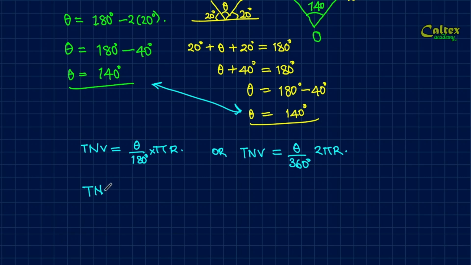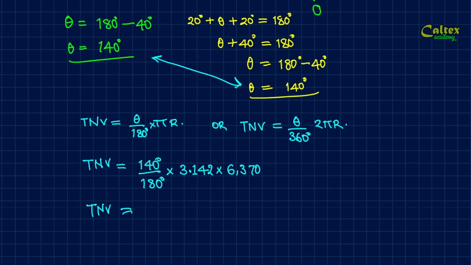So we have TV calculated from our theta, which is 140 degrees, dividing it by 180 degrees, times the value of pi at 3.142, times the value for R, and that is 6,370 kilometers.